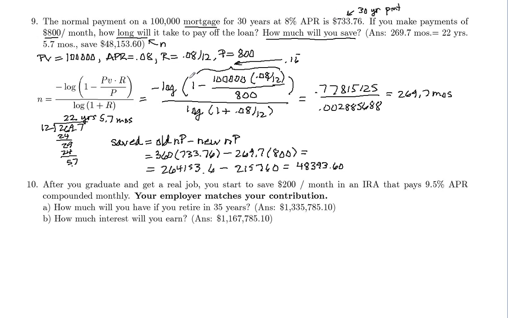And let's see, on this problem, the only other things I could mention here are, I think I did this on the other practice exam. If it's a credit card balance, that's a loan. So if I would have said you had a $100,000 credit card balance, heaven forbid, or a student loan or something like that, that's in the loan category.